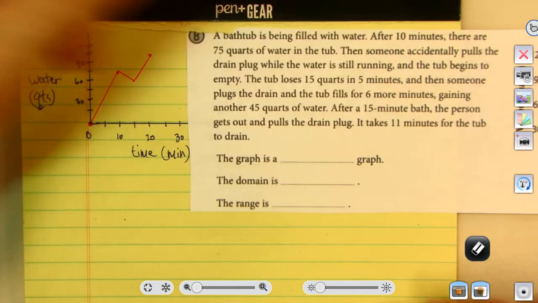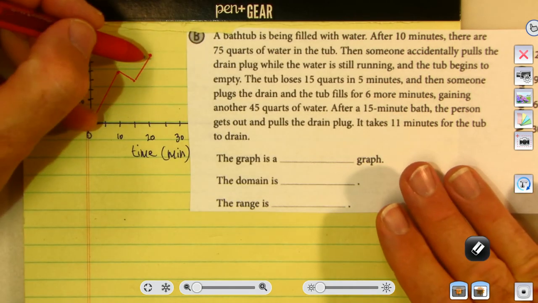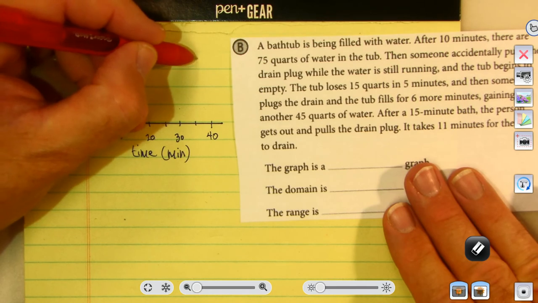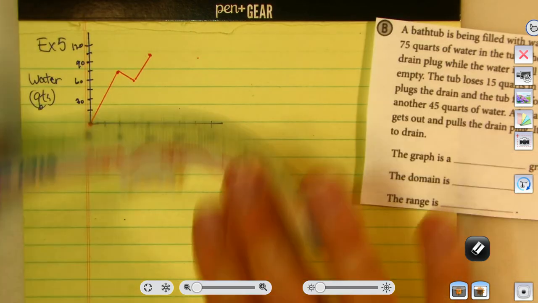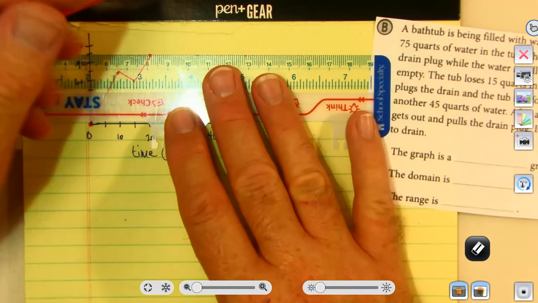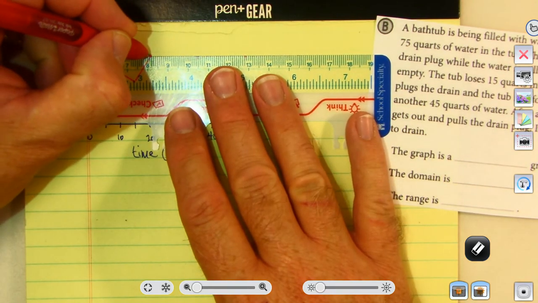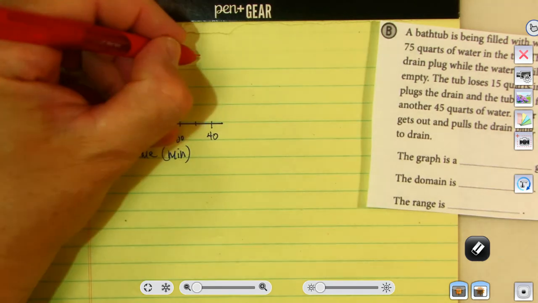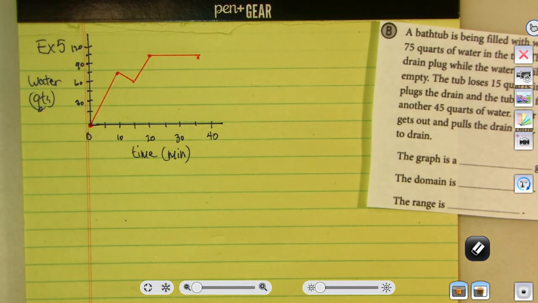So for the next 15 minutes, so that's 21 to 36, which is approximately here, the water level does not change at all. In other words, it's just flat, just like the distance was earlier. Nothing's changing. We have no rate of change there. All right, and then it takes 11 minutes for that tub to drain.